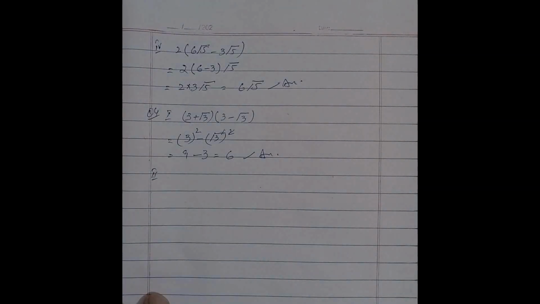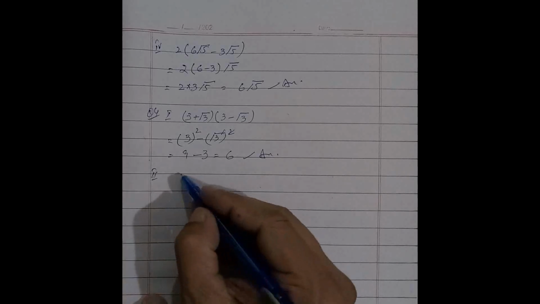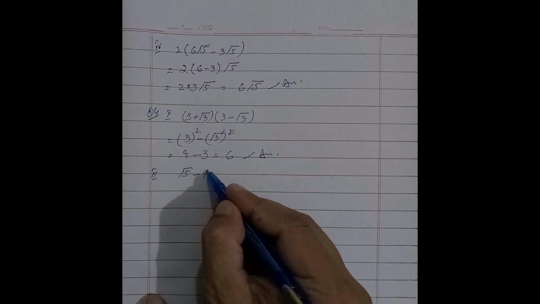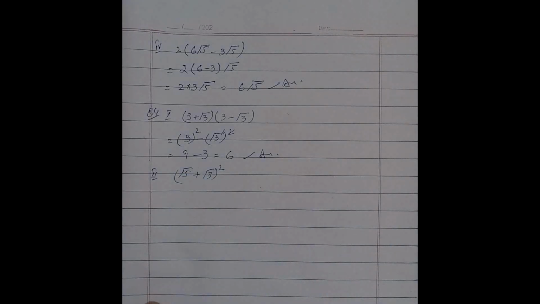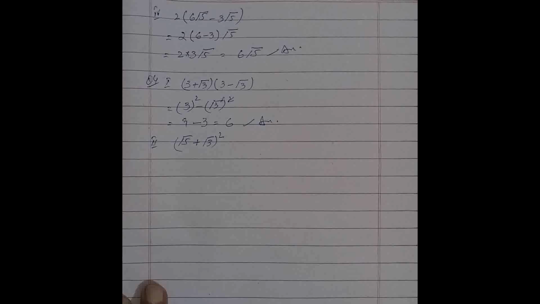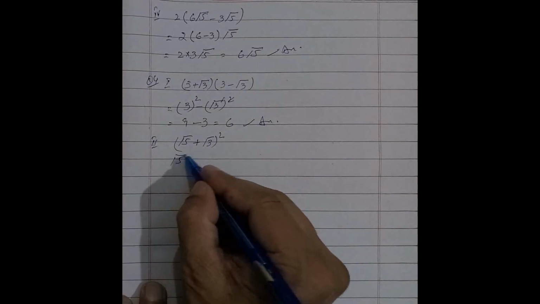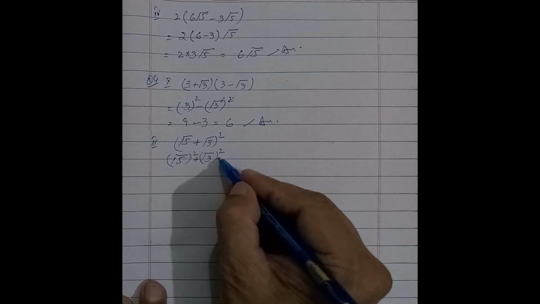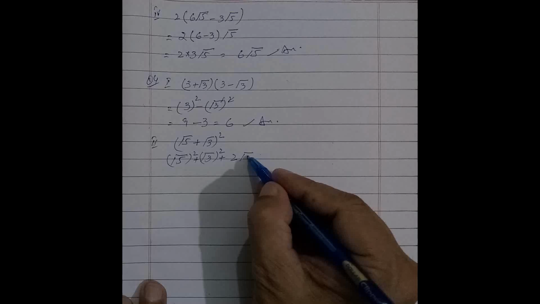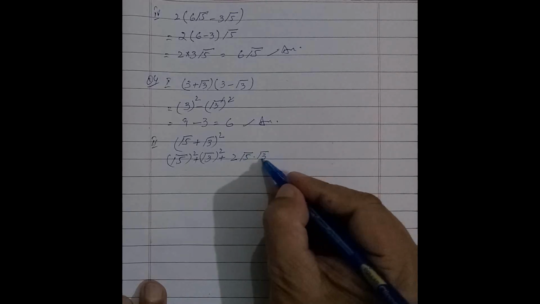The part 2 is (√5 plus √3) whole square. And it is the formula of (a plus b) whole square, which means a square plus b square plus 2ab. We apply the formula. We get (√5) whole square plus (√3) whole square plus 2 times √5 into √3.